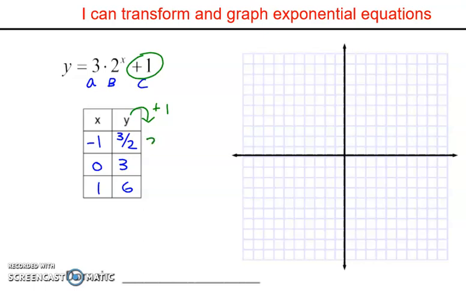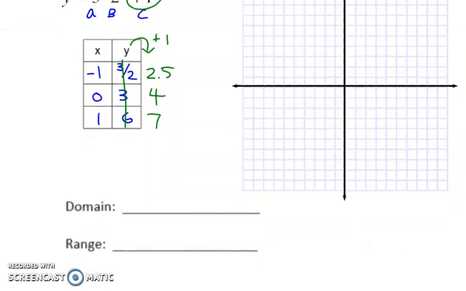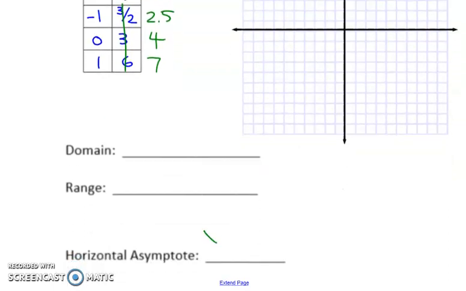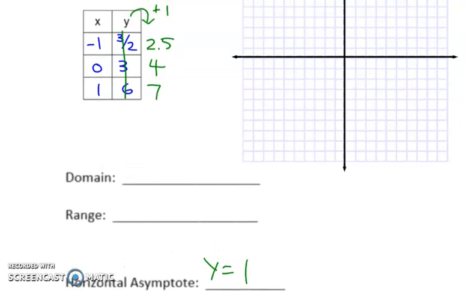So 3 halves plus 1 is 2.5, because 3 halves is 1.5. 3 plus 1 is 4. 6 plus 1 is 7. If you remember, our horizontal asymptote is always going to be what c is, so y equals 1 will be our horizontal asymptote.